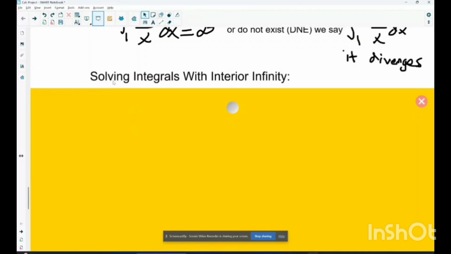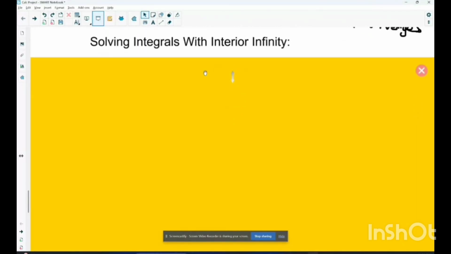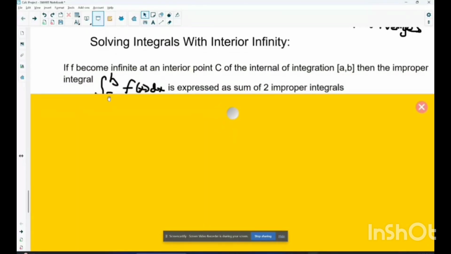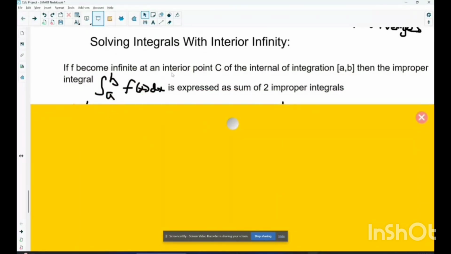Now we'll look at solving integrals with interior infinity. So you'll notice if f becomes infinite at an interior point c of the interval of integration a to b, then the improper integral is expressed as a sum of two improper integrals. It's usually like this when there's discontinuity, especially infinite discontinuity.